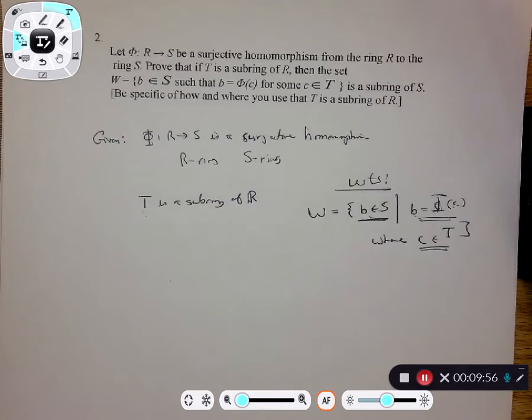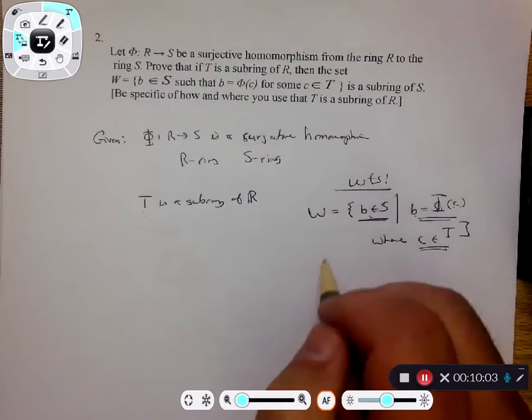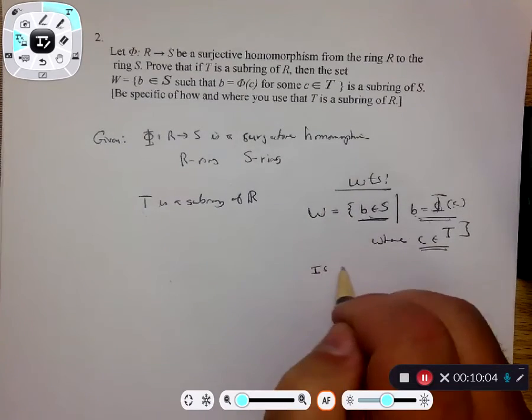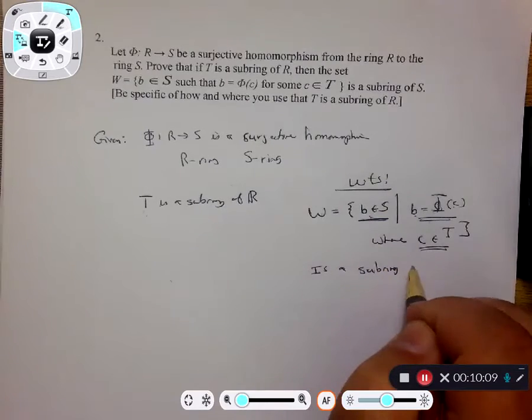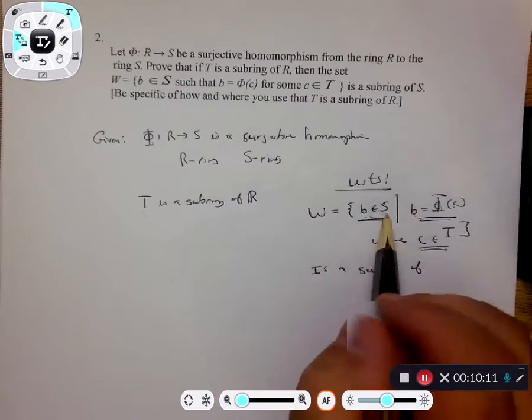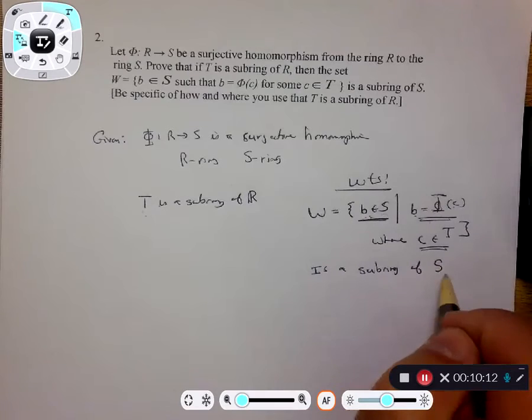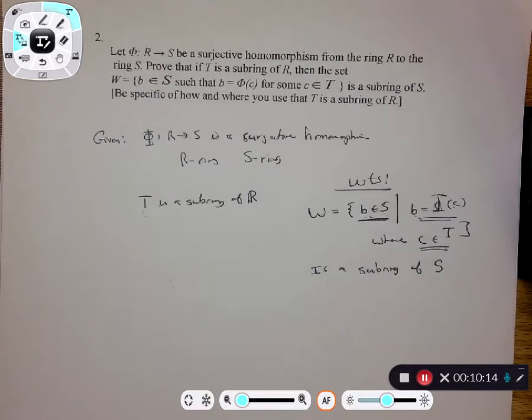Now, again, we want to show that this set W is a subring. And who is it going to be a subring of? Well, the elements come from S, so that'll be a subring of S. You've got to keep an eye on it.